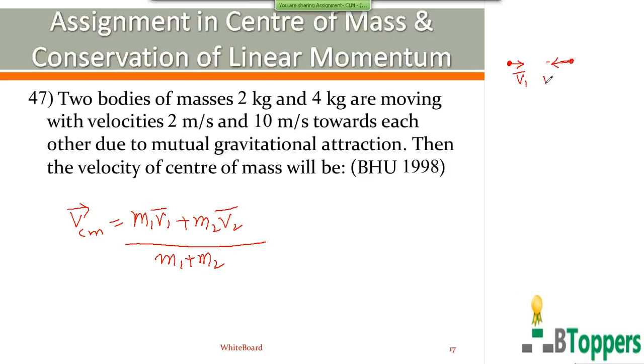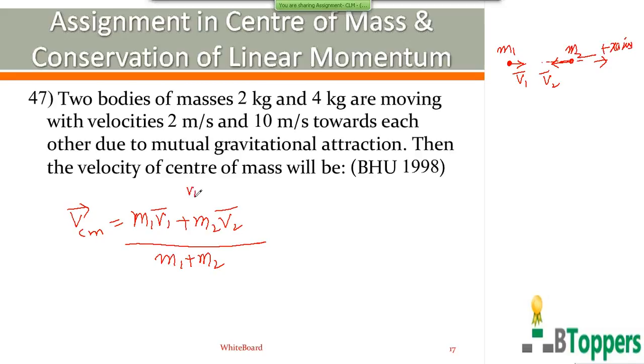That means the two velocity vectors V1 bar and V2 bar are directed in opposite directions. So let us choose the direction of V1 bar in the positive direction of the x-axis.